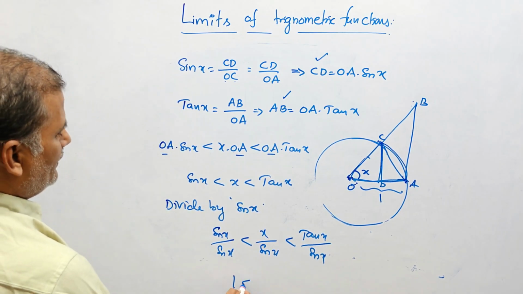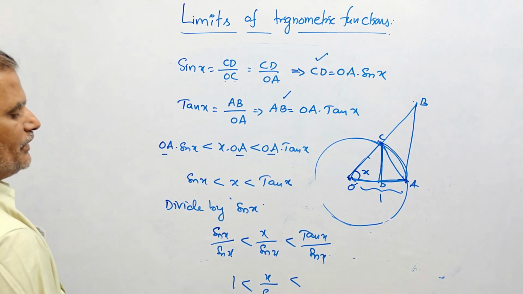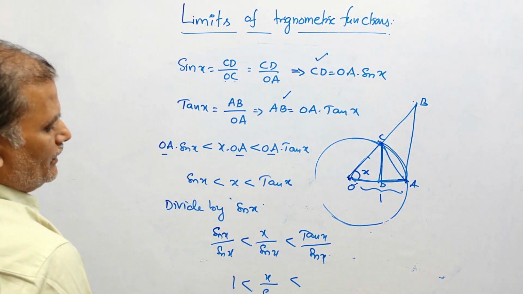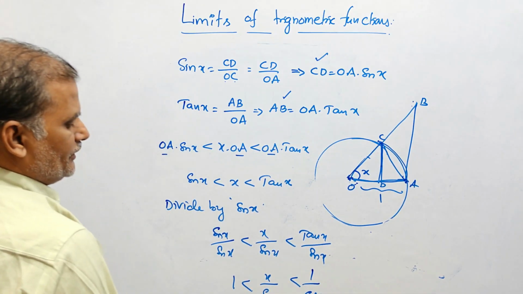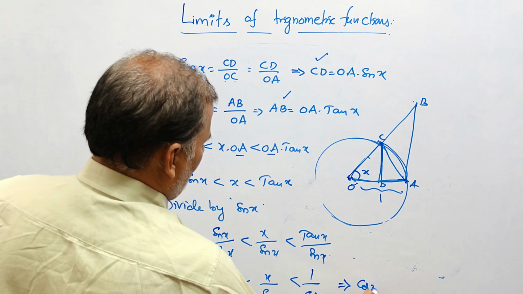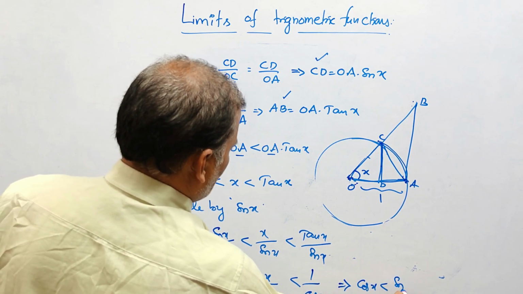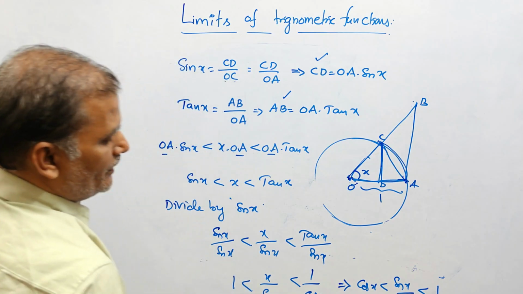Now it is 1 less than x by sin x less than tan x by sin x. Tan x by sin x means sin x by cos x divided by sin x, it should be 1 by cos x. Sin x cancels out. Now by reciprocal here, cos x less than sin x by x less than 1.